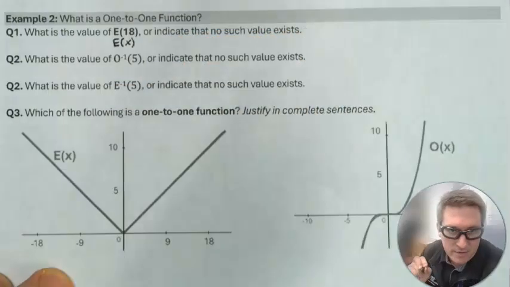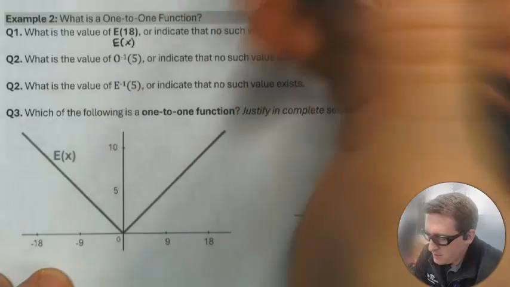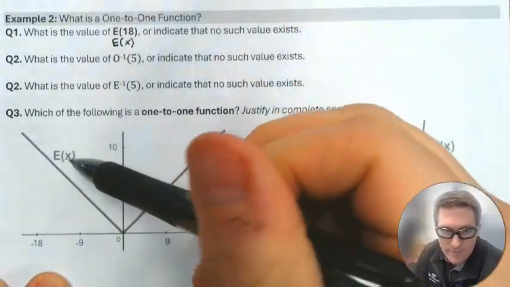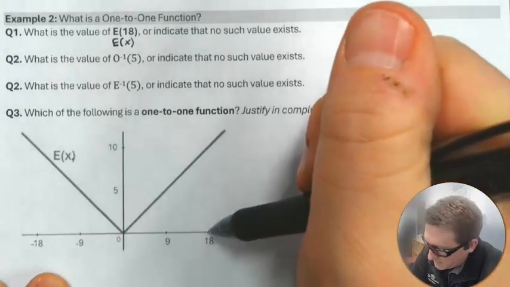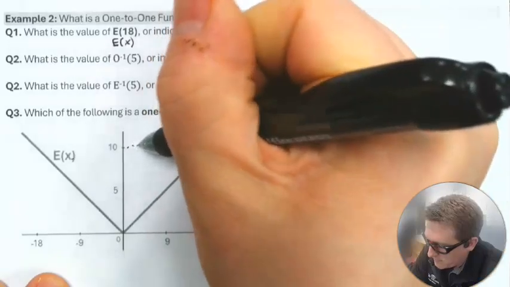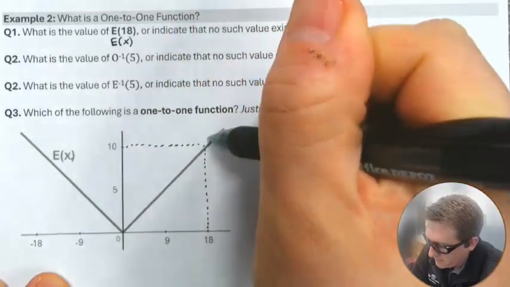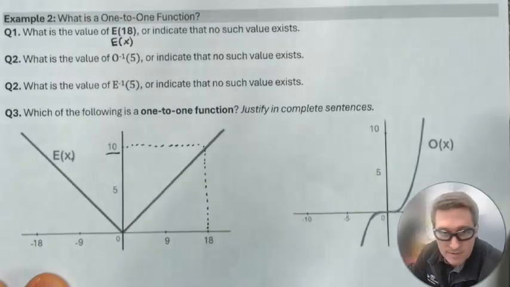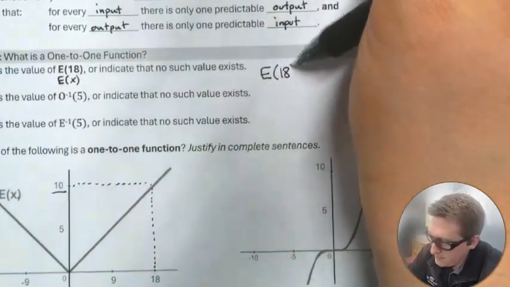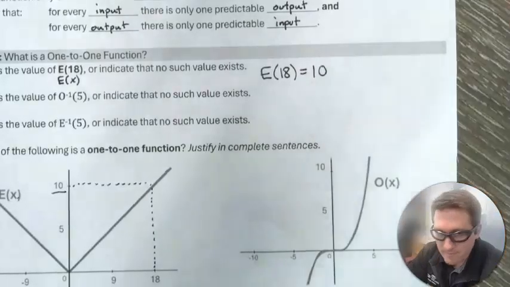There's no little -1 telling me to do an inverse. So this is showing me that 18 is my x. So for the e function, I go to 18, and I'm going to go look up what the y value is, and it's very clear to me that the y value is 10. So e of 18 is equal to 10.